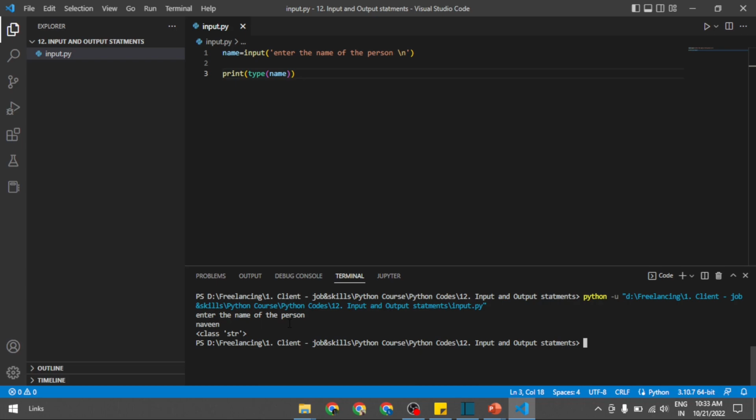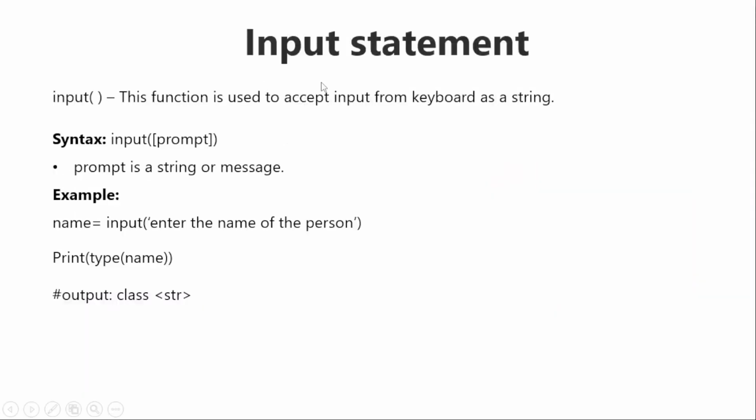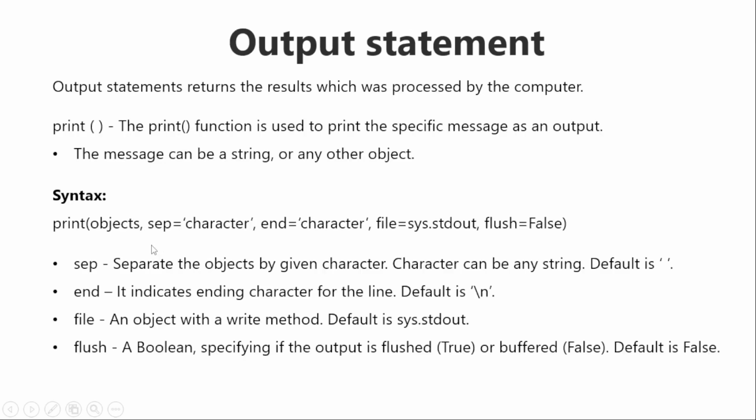When I run it for the input of enter the name of person, I got Naveen as the input I have given from the keyboard. And when I print the type of name, the variable name of the input, I'm getting string. So that's what I explained in the input statement in the slide. Now let us move to the output statement.